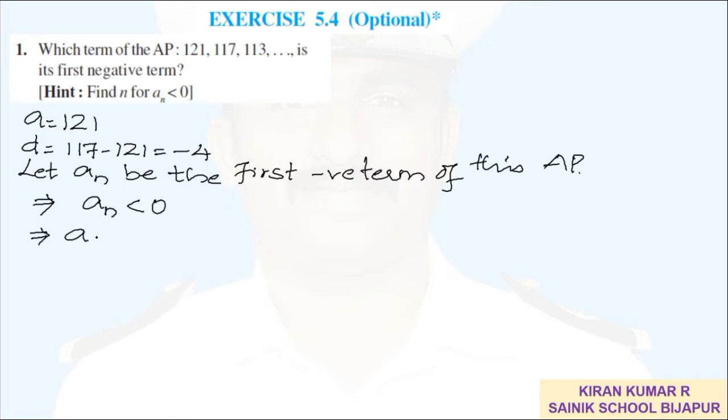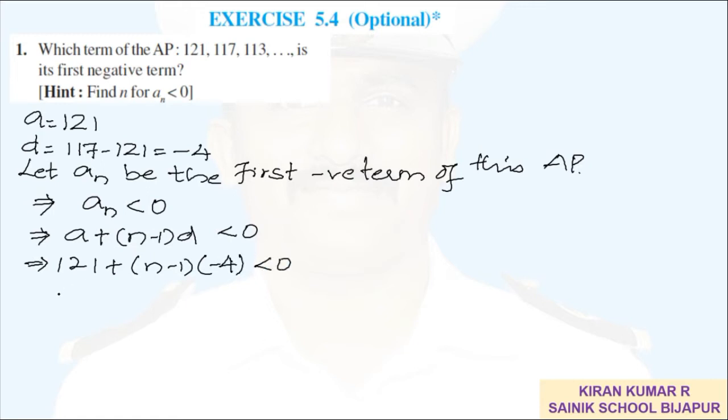We have learned the formula a plus n minus 1 into d for an. So we will substitute a value as 121 plus n minus 1 times negative 4 less than 0. We have to solve this inequality. So 121 minus 4n plus 4 less than 0.